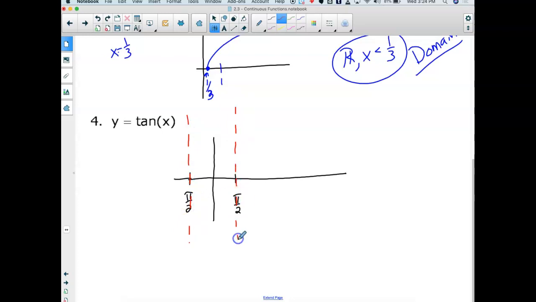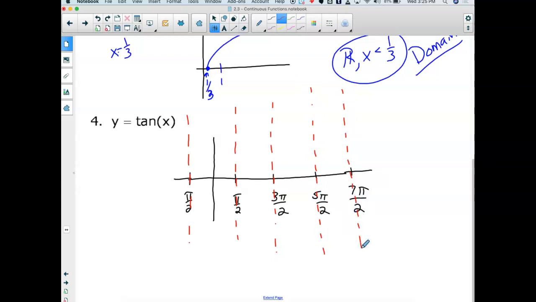At every multiple of pi over 2, meaning the next one, 3 pi over 2, the next one, 5 pi over 2, the next one, 7 pi over 2, what happens at every one of those little rascals? The same thing happens every time. And in the middle, we get a whoop-de-woo.